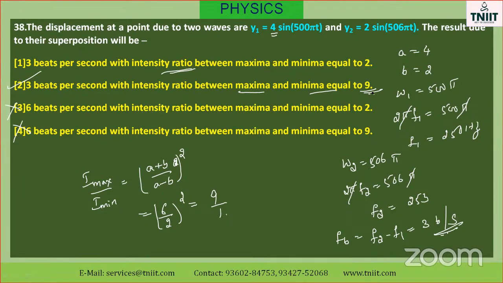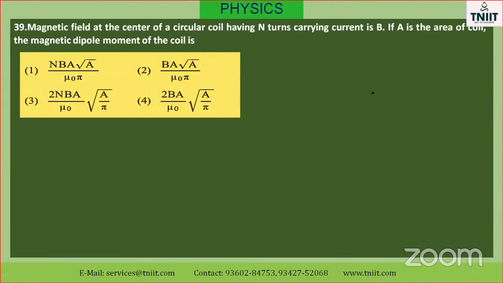So option 2 is the right answer. Maximum intensity to minimum intensity must be A plus B by A minus B whole square. This is quite important, I think.